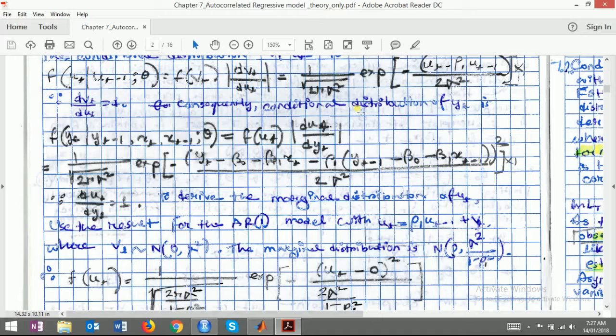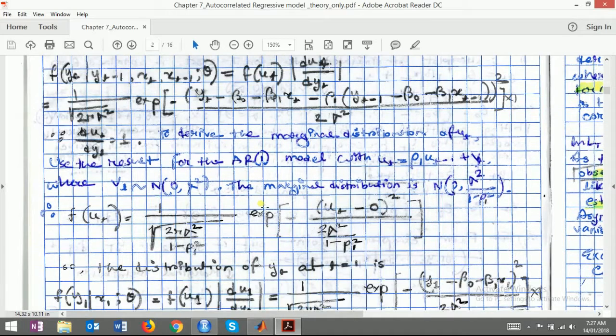Now, to derive the marginal distribution of ut, use the result for the autoregressive 1 model with ut equals rho 1 ut minus 1 plus vt, where vt has 0 mean and sigma square variance. The marginal distribution has 0 mean and variance not only sigma square, but sigma square divided by 1 minus rho square.